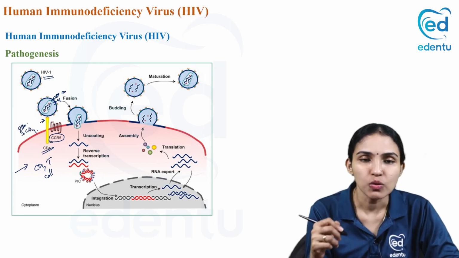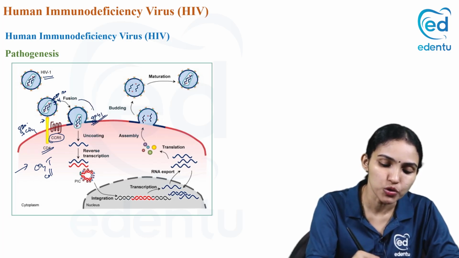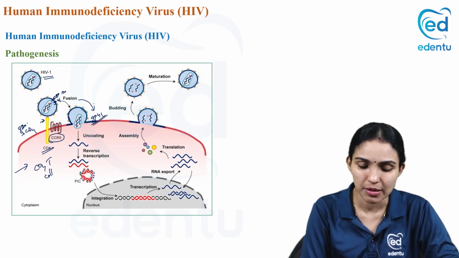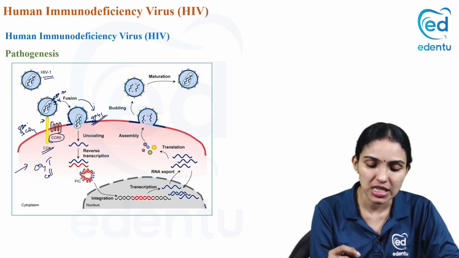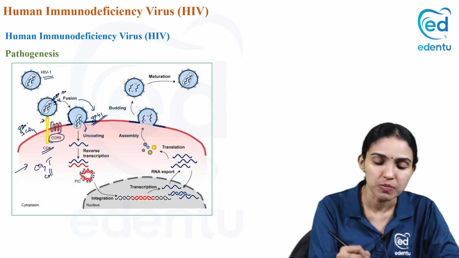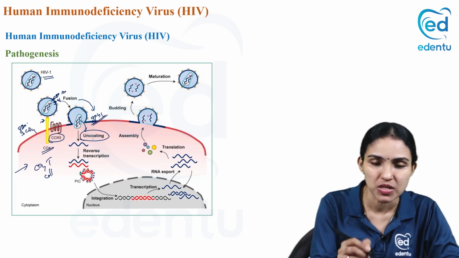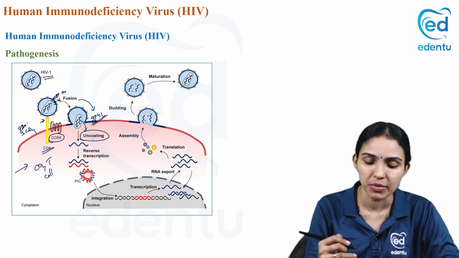Once it attaches, the GP41 helps in fusion of the virus with the cell membrane. Thus the virus fuses with the cell membrane, and after that what happens? Once it fuses, only the nucleocapsid comes inside. This step is called uncoating, because the coat of the envelope is removed.